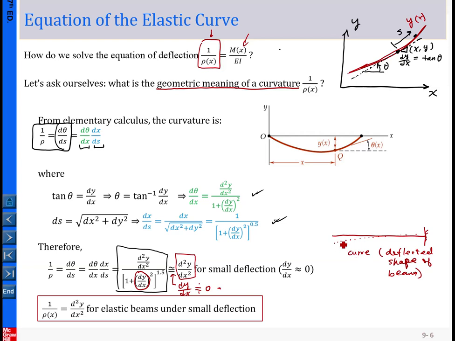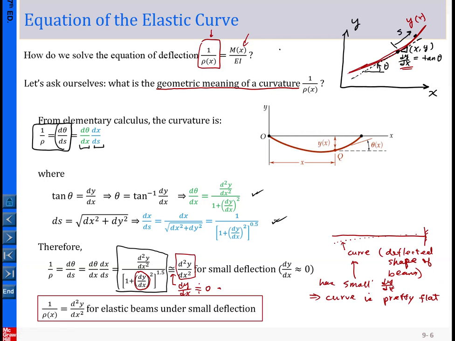If this curve has a very small dy/dx, what is dy/dx? dy/dx is the tangent. If this curve has a very small dy/dx, that means this curve is pretty flat, meaning horizontal.